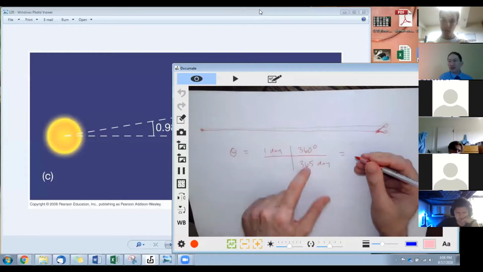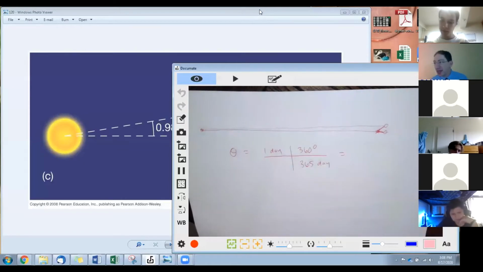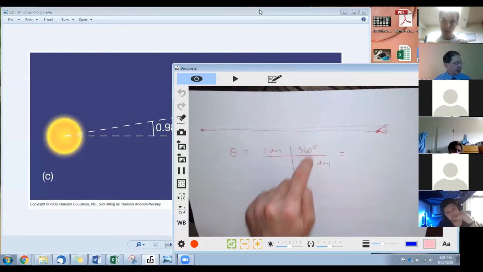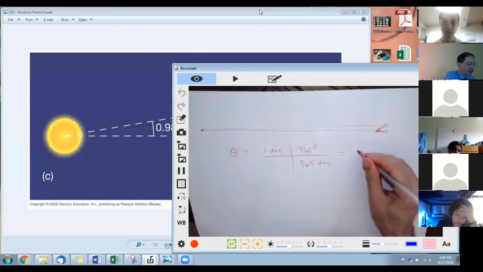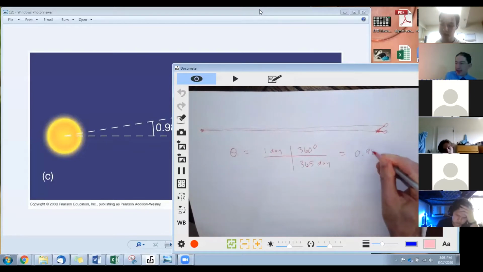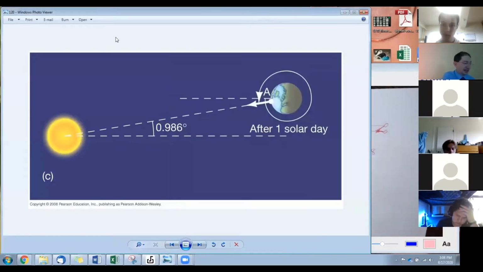Anyway, 360 and 365 are almost the same. So 1 times 360 divided by 365 gives you 0.986. The days cancel, so you're in degrees. So each day we travel about 1 degree of our orbit around the sun.